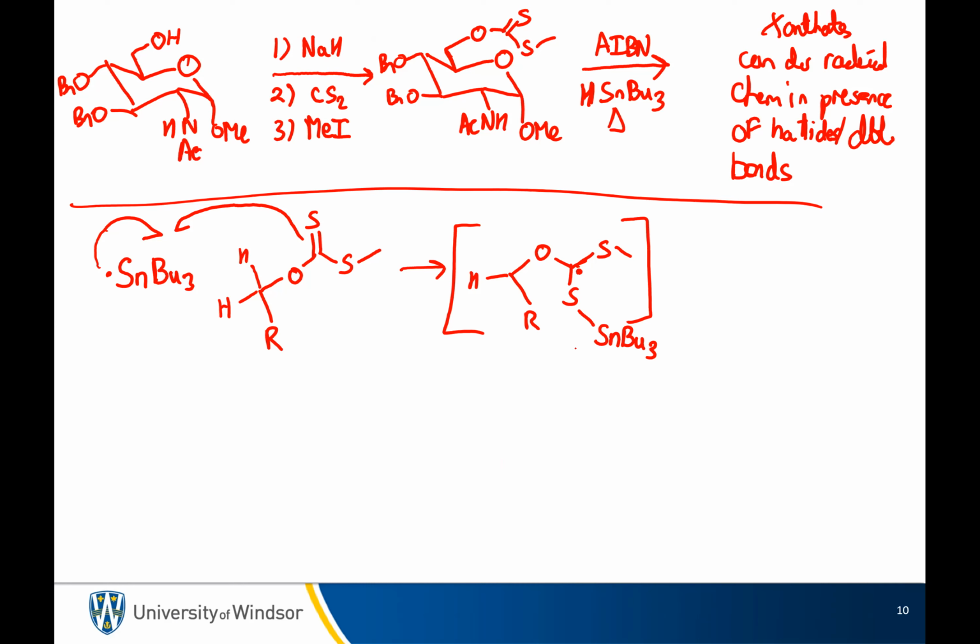So what we're relying on is the formation of a strong sulfur-tin bond. And we generate a radical here that's stabilized because there are so many orbitals around it, but it's not going to last forever.